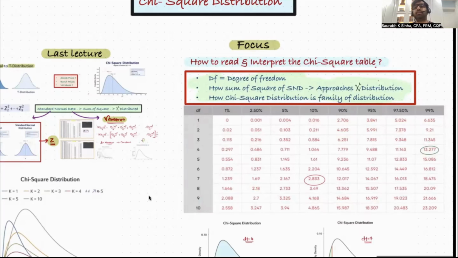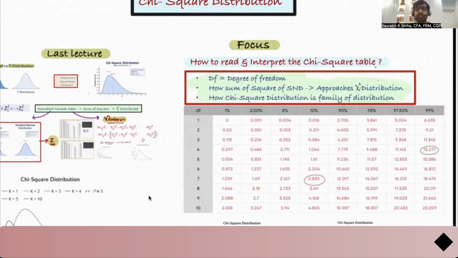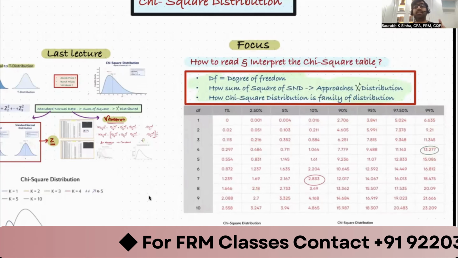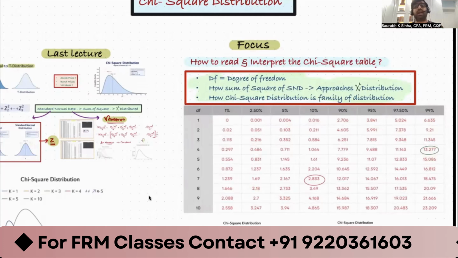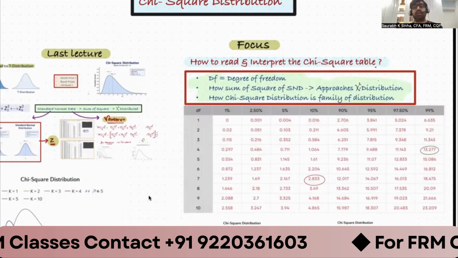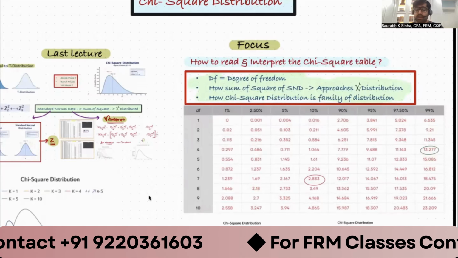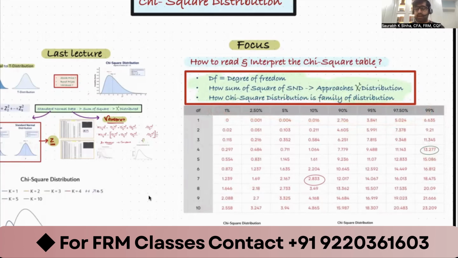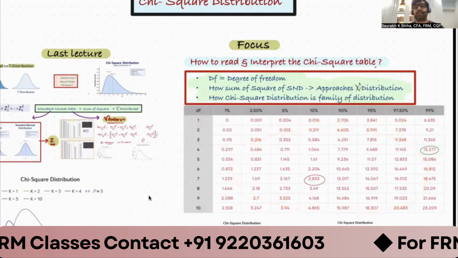In this session, we covered the different components of the chi-square table. We understood the interpretation of degree of freedom. Here the degree of freedom is not n minus 1. Here the degree of freedom is the number of standard normal variables we are playing with. This is the area on the left-hand side of the point, and these are the points on the x-axis.